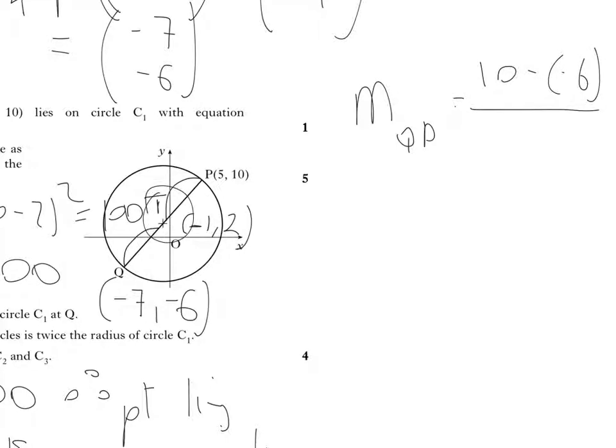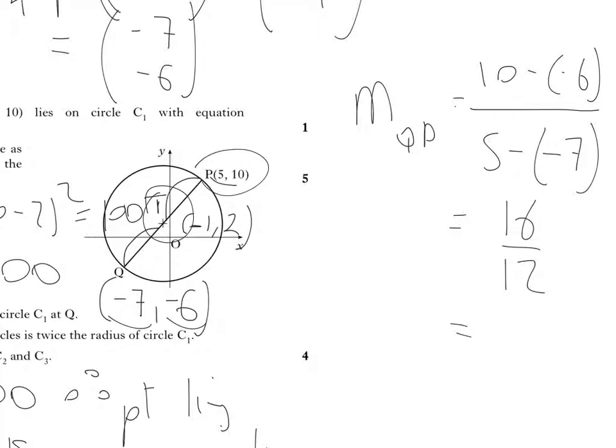I could use the point T for this because that lies on the line, but I've used P. 16 over 12, divide top and bottom by 4, gives 4 over 3, so the gradient's 4/3.